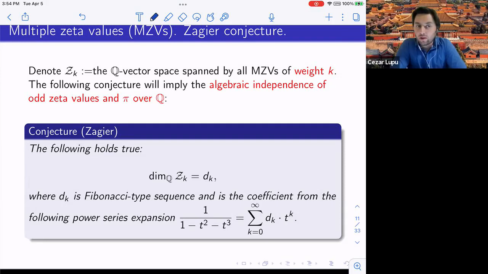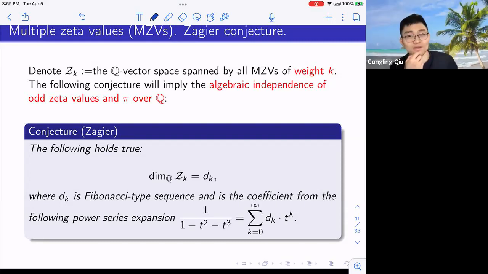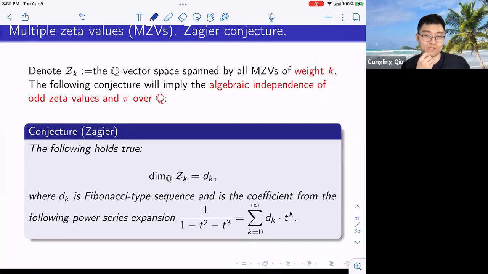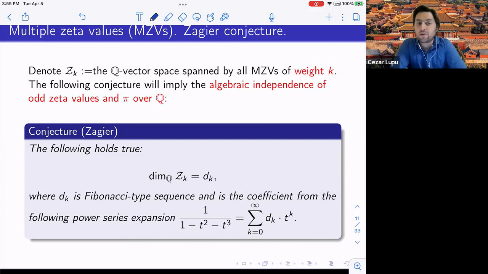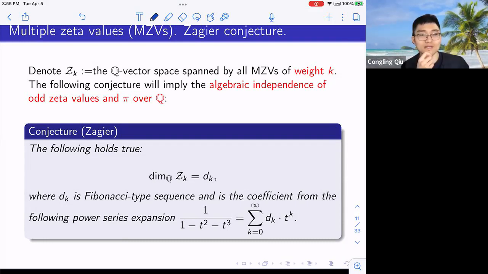I mean, it's like the algebraic independence is equivalent to the linear independence, right? If you just take the Q bar span of all the multiple zeta values of weight k, whether or not it has the same dimension as this dimension Zk. Yes. So does it have the same dimension? Now, how do we know that?